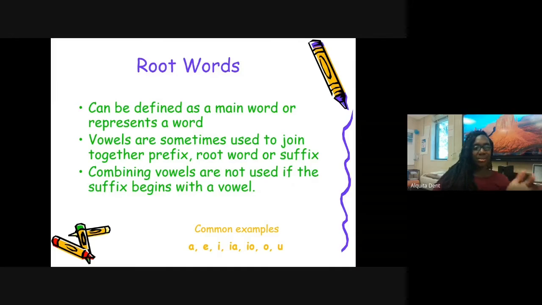Is it tissue? Is it the brain, eyes, whatever? But sometimes we need a vowel to join the prefix and the word root, or the word root and the suffix, and make the term easier to pronounce. And that is done when the suffix does not begin with a vowel.